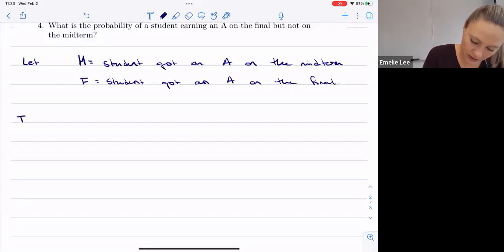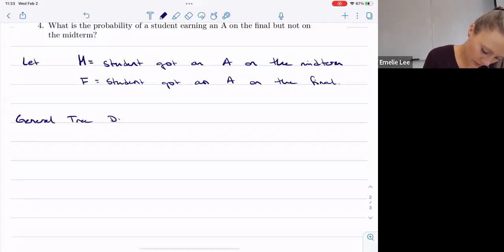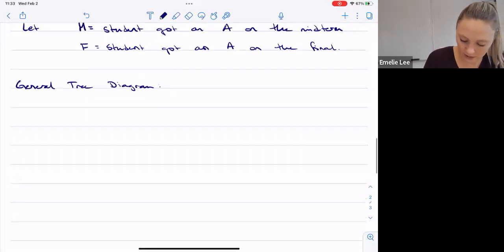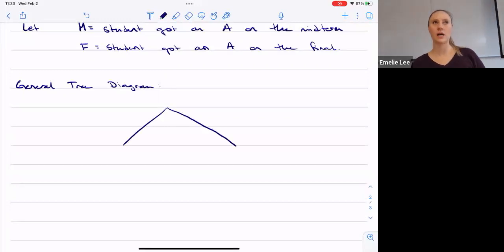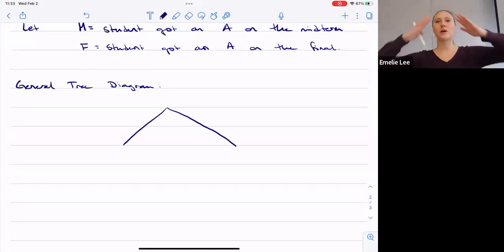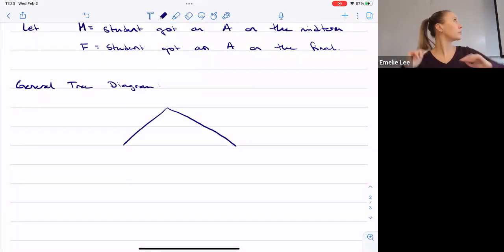And so a general tree diagram looks like this. Typically, and we can have more than 2 outcomes, we could have 3, 4, 5 outcomes, but just for example, let's focus on you either got an A on the midterm or you didn't, right?